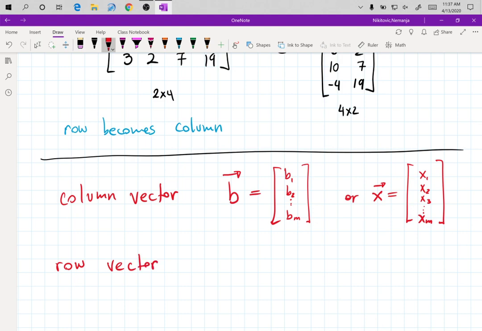This one is M by 1, and the row vector will be 1 by N. For the row vector, we can use a C, and that's going to be C1, C2, C3, Cn.